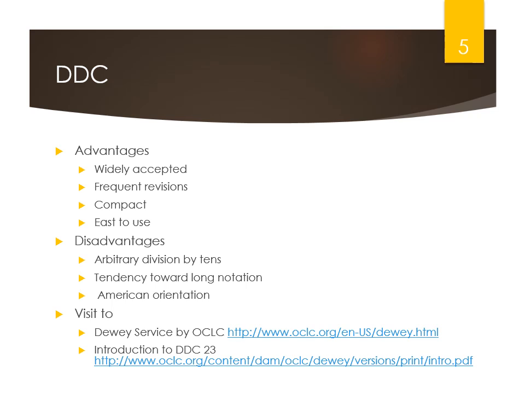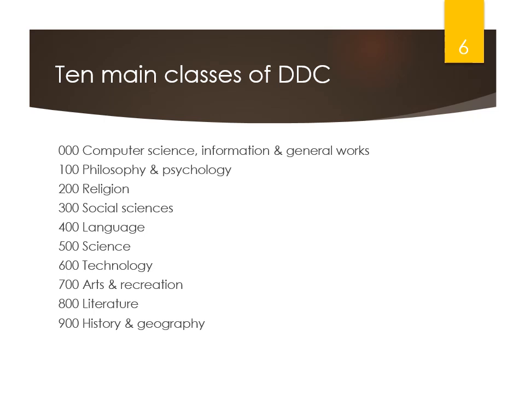Okay, let's take a look at some examples. In the DDC, basic classes are organized by disciplines or fields of study. It is divided into 10 main classes, which together cover the entire world of knowledge. Each main class is further divided into 10 divisions, and each division into 10 sections.